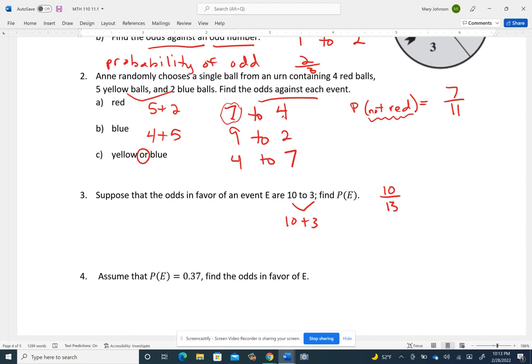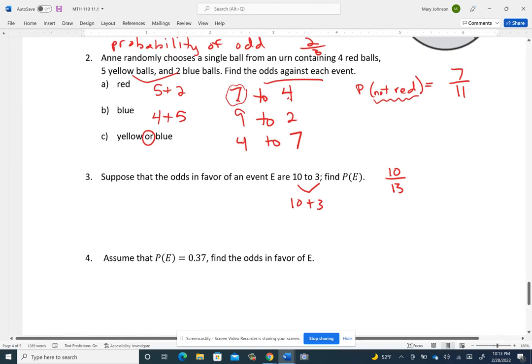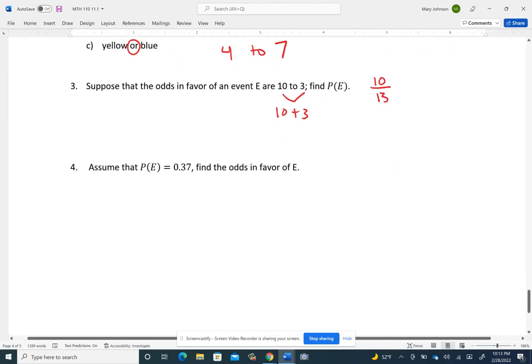Okay. Right now, I put 4 on here because sometimes they'll give you the probability as a decimal, and if you need the odds in favor of this event happening, you need to understand what this decimal represents. So that's, if I read that correctly, 37 hundredths. That's really 37 over 100, that fraction. Okay, so the number on top is the number of favorable things in favor of your event.